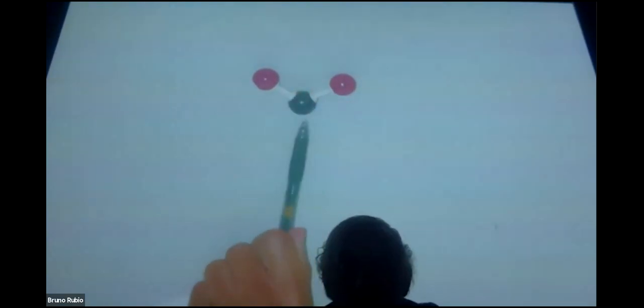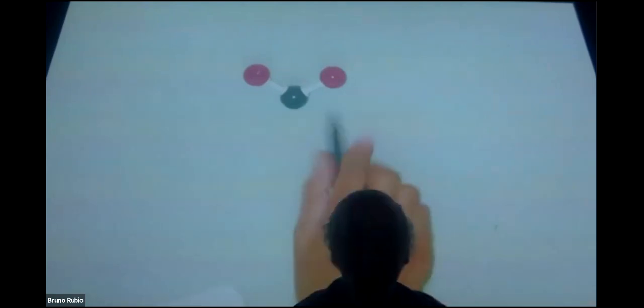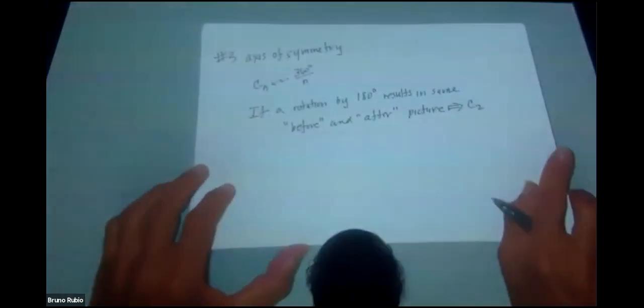Here goes, rotate by 180 degrees. Check that out. See what that molecule looks like, right? That's the before picture, rotated by 180 degrees. Looks exactly the same. Water has a C2 axis of symmetry. So that is how we're looking for these axes of symmetry.